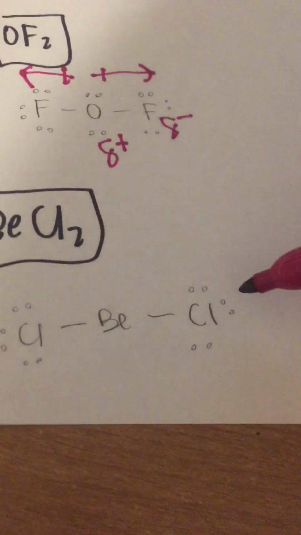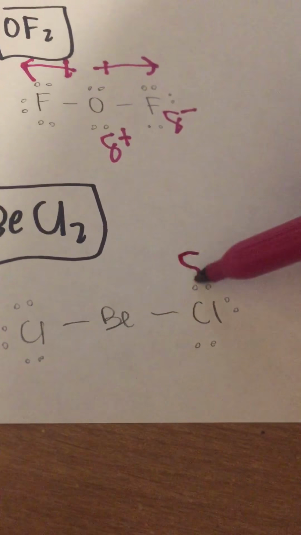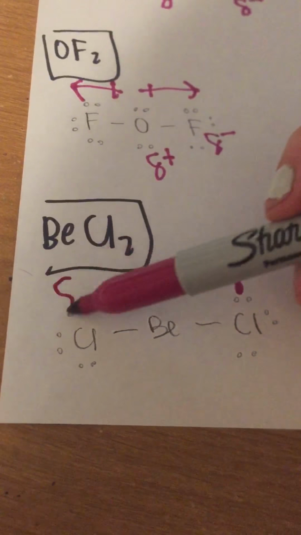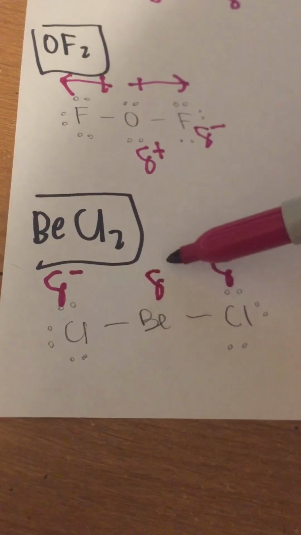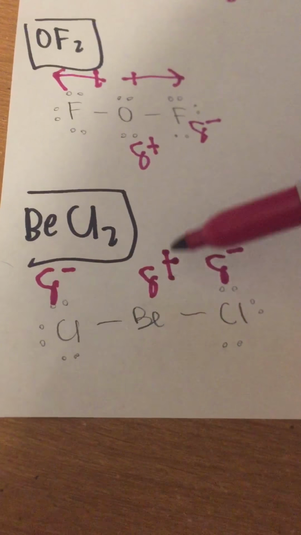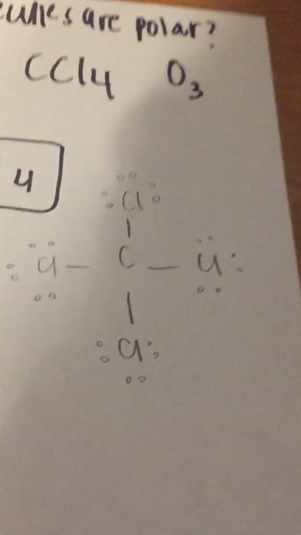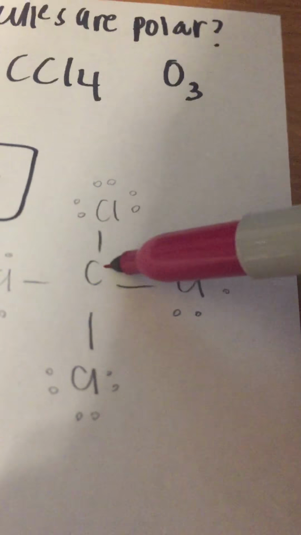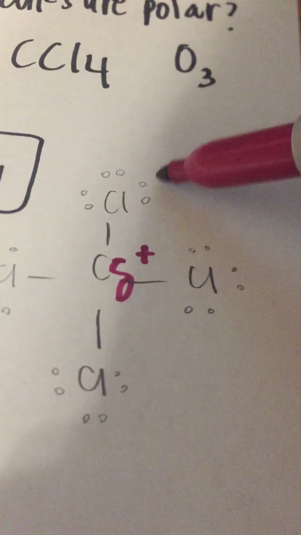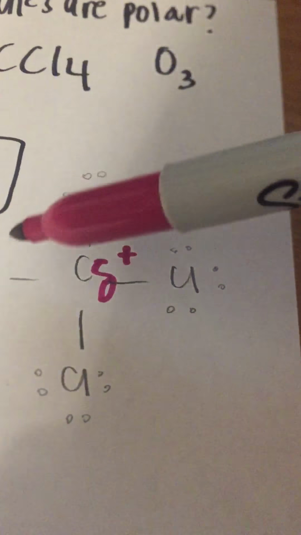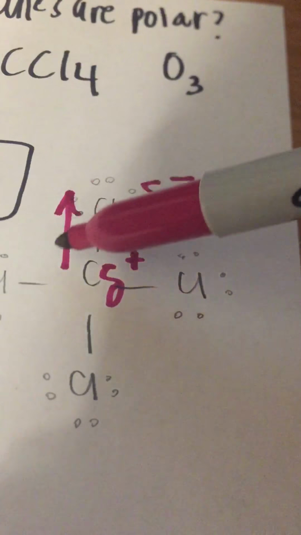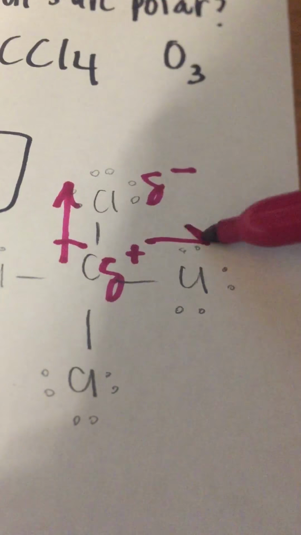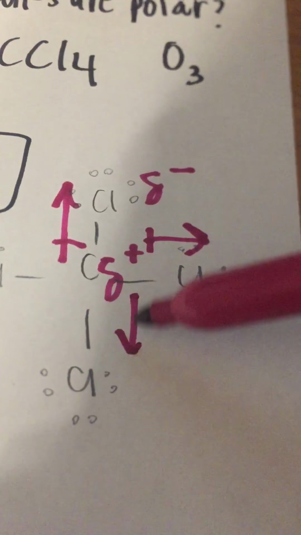Beryllium is less electronegative than chlorine, so the chlorines will have the negative charge. Beryllium will have the partial positive charge. In this molecule, carbon is less electronegative than chlorine, so it will have a partial positive charge with all the chlorines having a partial negative charge. So the bond dipoles, again, will be pointing towards the more electronegative atom.